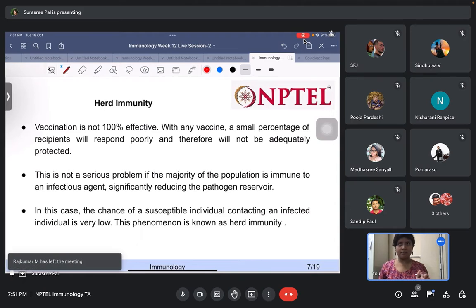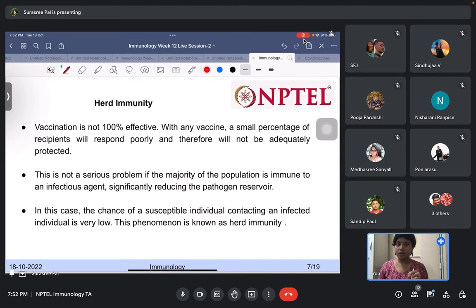Vaccination, as we know, is not 100% effective, which means that even if we immunize the whole population with vaccines, there will be certain individuals, suppose the aged individuals or the very young individuals, the babies for example, for whom the vaccines won't be 100% effective. So a small percentage of recipients will always respond poorly, and therefore they will not be adequately protected.